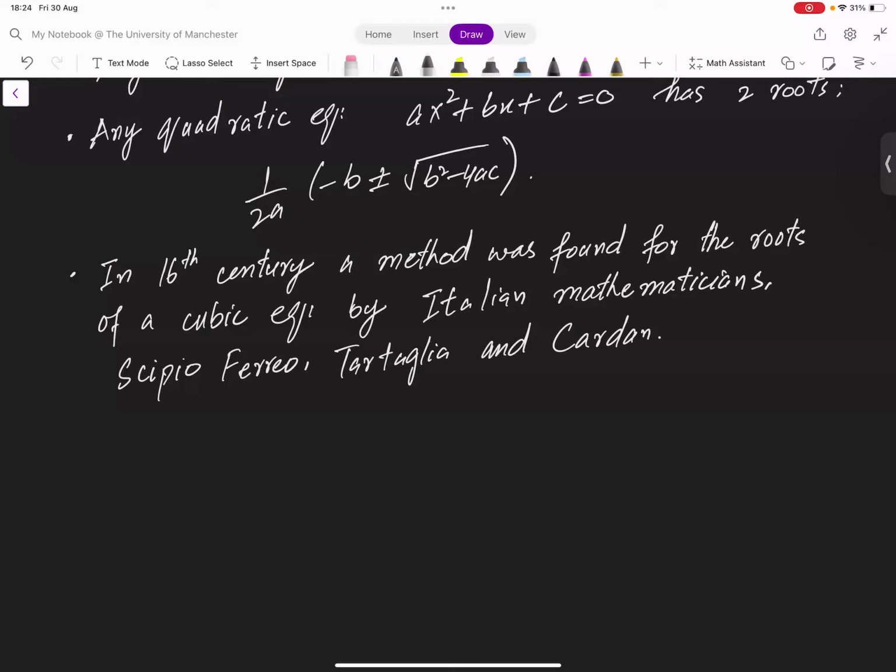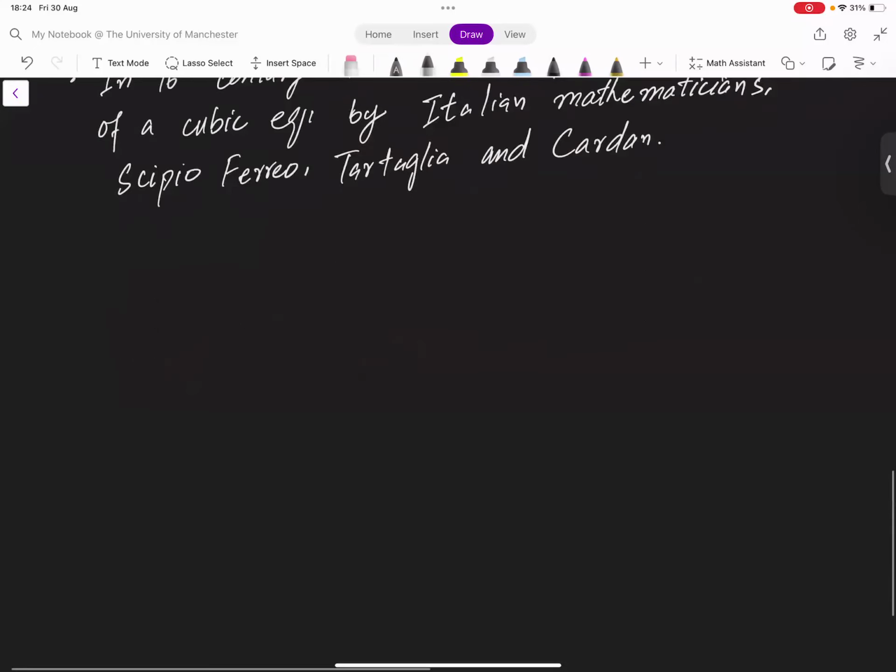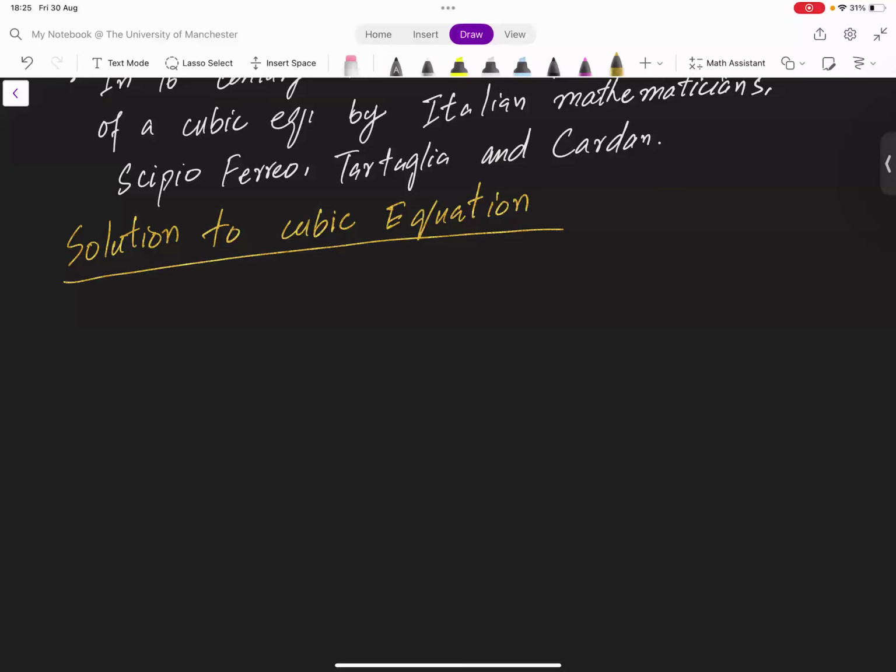So we will mainly talk about this one, the solution to cubic equations.